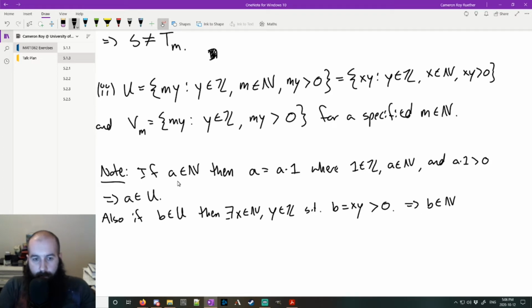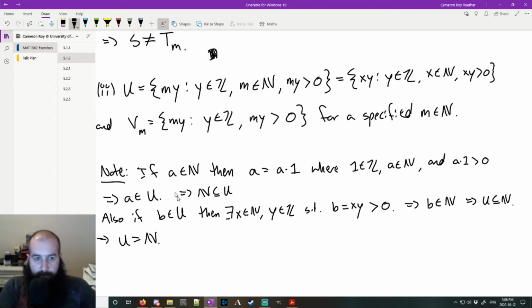So what do we have? If a is natural, then it's in U. This means that the natural numbers are a subset of U. And if b is in U, then it's in N, which means that U is a subset of the natural numbers. Having both of these inclusions, we see that U is just the natural numbers, written in a complicated way.